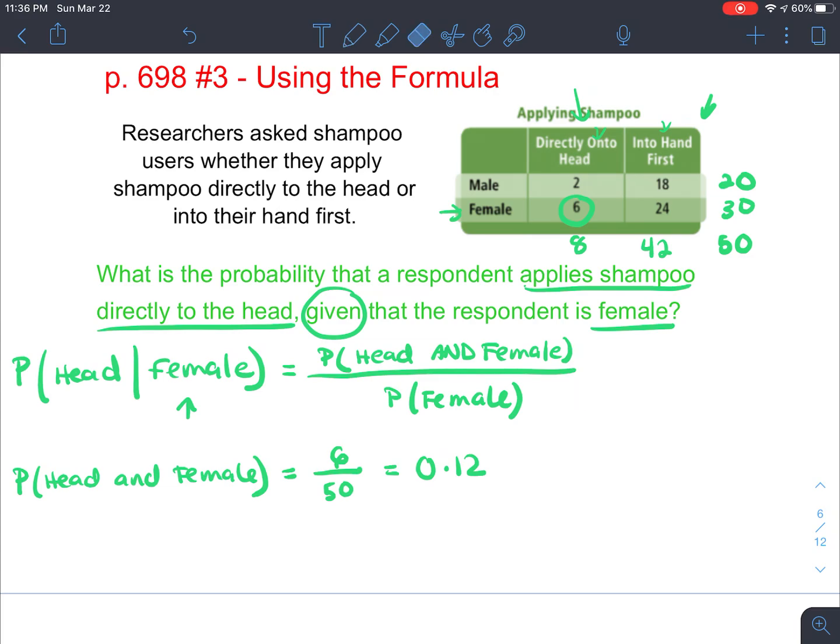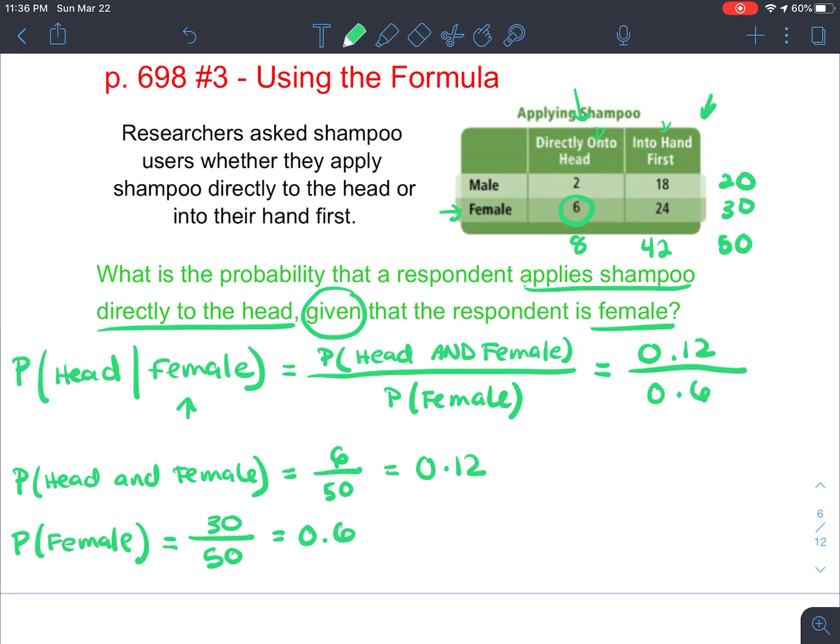That's going to be my numerator, 0.12. Now we need the probability that somebody is female. We go to our female row. There's a total of 30 females out of 50 participants. We plug that into our calculator and we get 0.6. That's going to be my denominator.